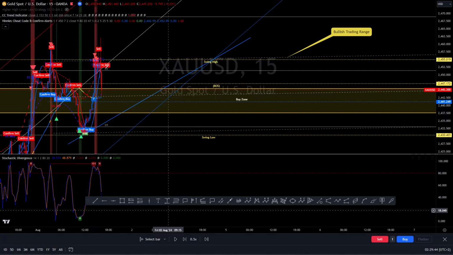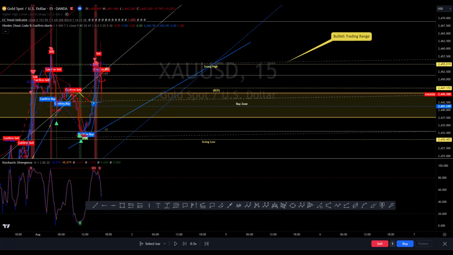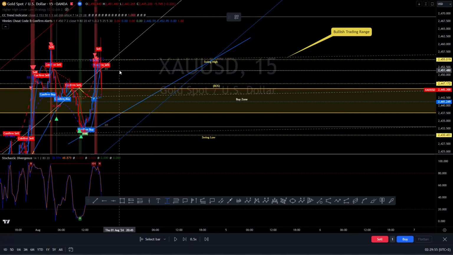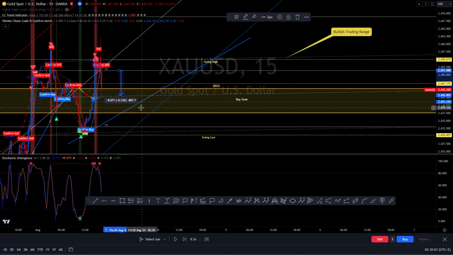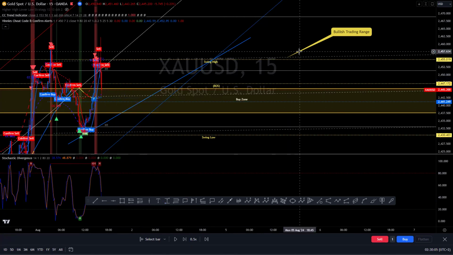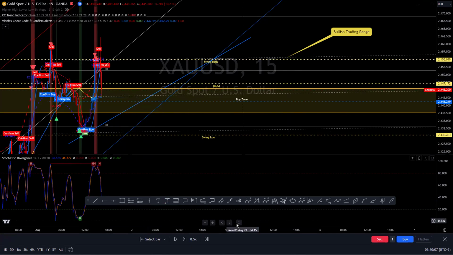Arrow pointing here. So if you entered in on this confirmation sell right here, which we recommend, you would have still got over 800 points of gold. If you have a decent lot size, you would have had a very good payday. So it just goes to show just how simple getting high probability trades with this strategy is, okay?